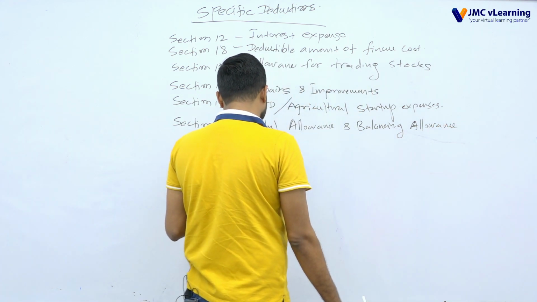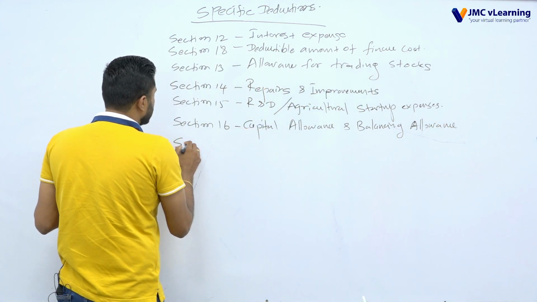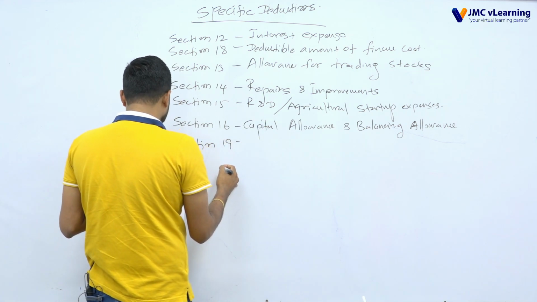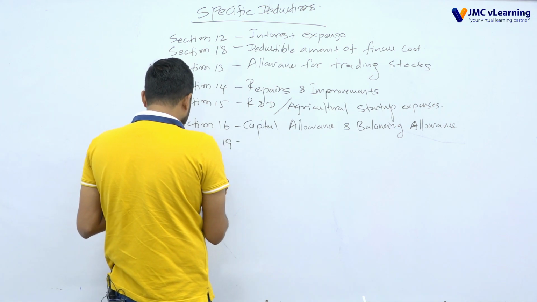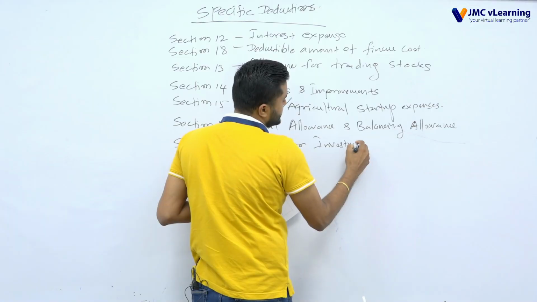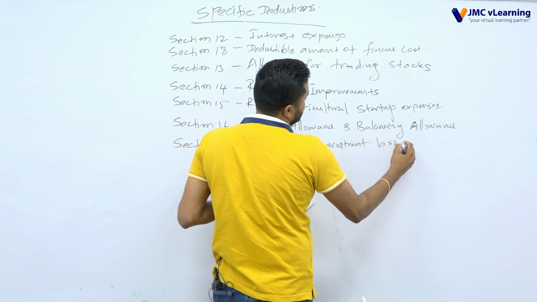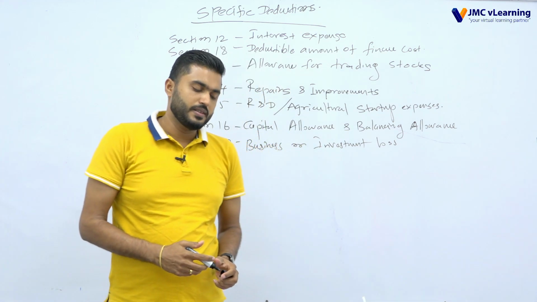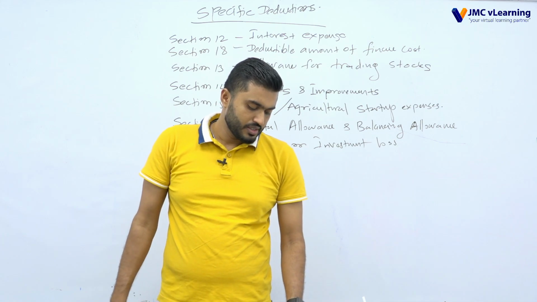And finally section 19, the business or investment loss. These are the specific deductions that we need to discuss under business income.